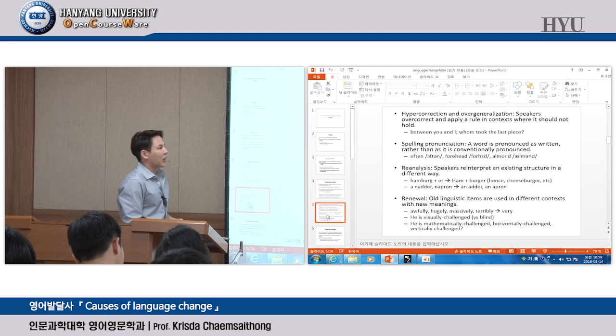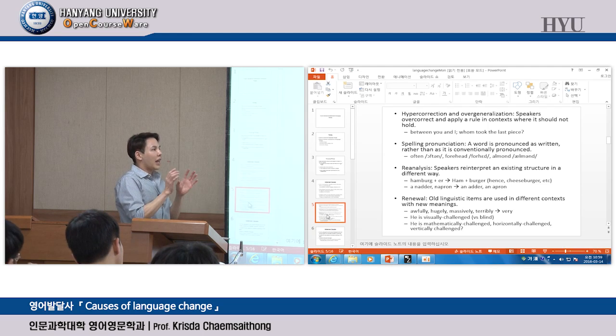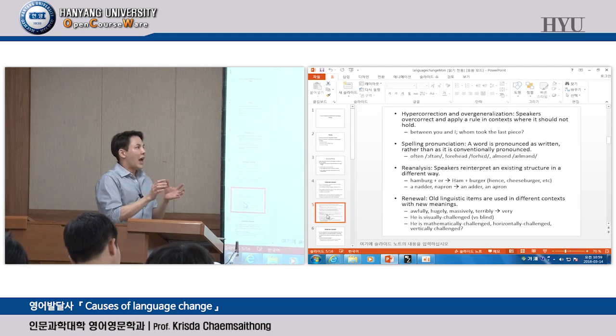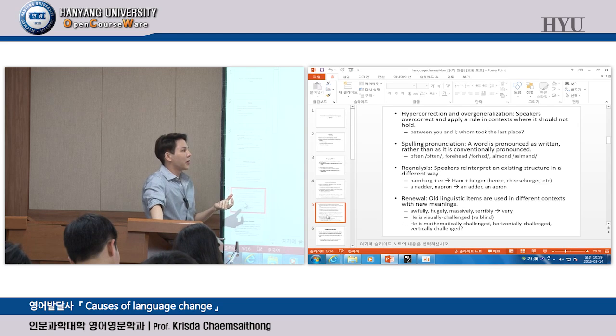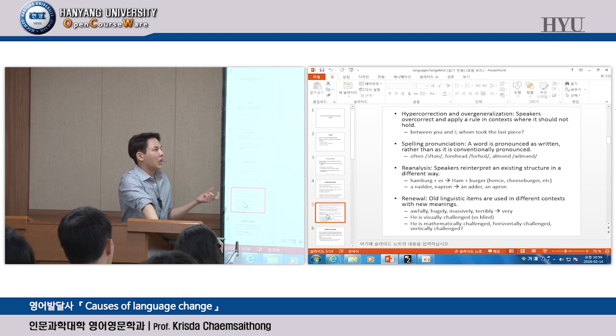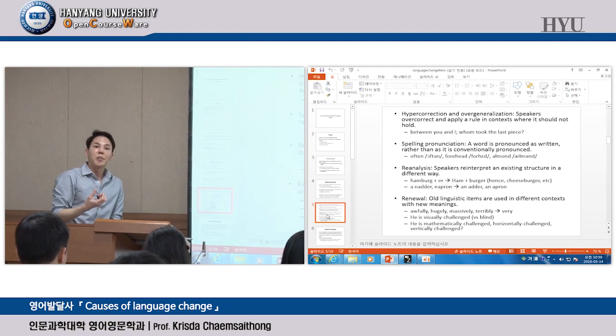Spelling pronunciation. When we see words written down, we think that those words are pronounced the same way that they are spelled. Often, the T is usually omitted, right?